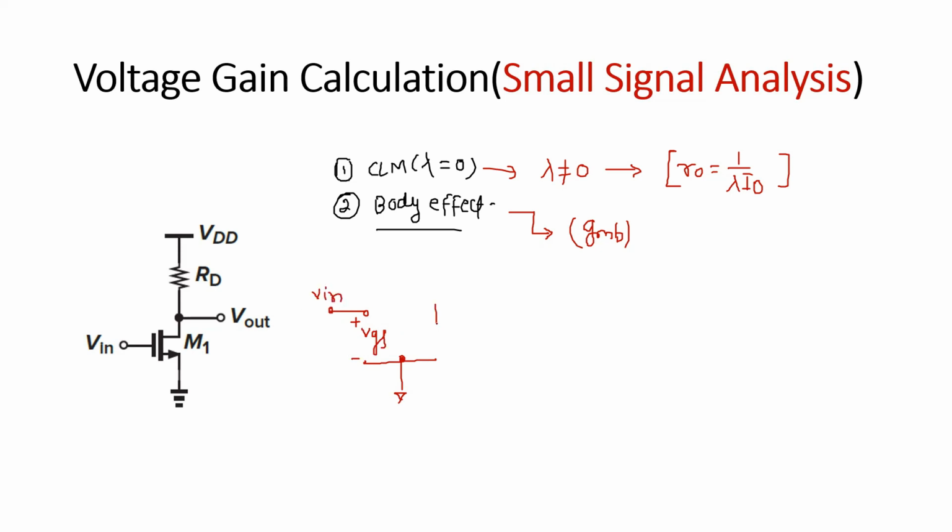In the small signal, only this current source was there, which was GM VGS, and after that nothing was there. We simply took the output across the load RD. But in this case, if we have also considered these two effects, CLM and body effect, then I introduce one more resistance.